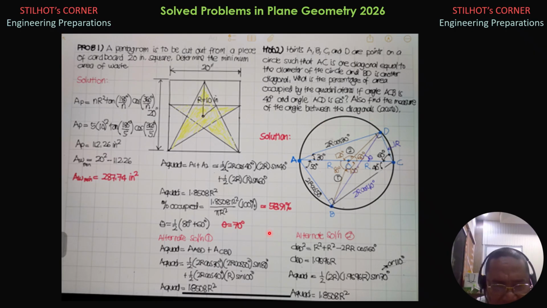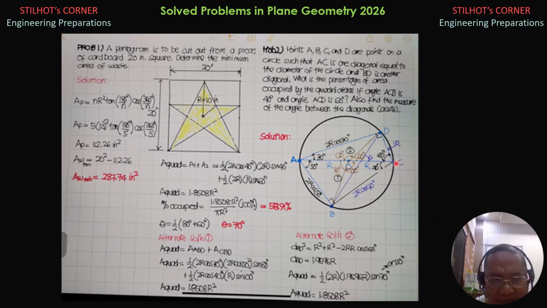I present just three solutions to the area, although you can have many ways by applying other formulas for the area of a cyclic quadrilateral. I just use the basic so that we don't need to memorize so many formulas. The area of the quadrilateral is the area of triangle 1 plus the area of triangle 2.